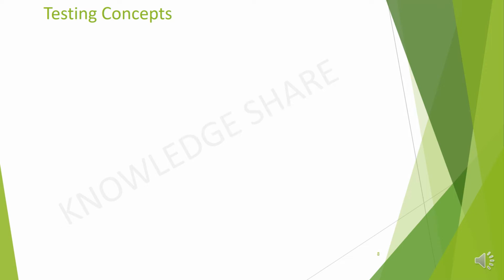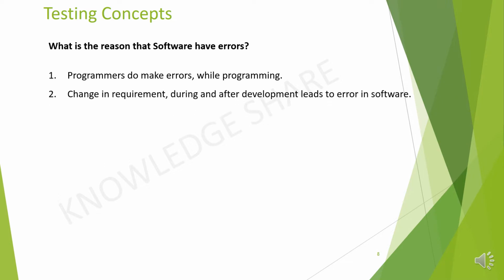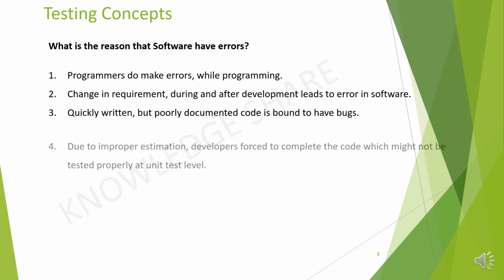Question is the reason for errors in software. Programmers do make errors while programming. Changes in requirement during and after development leads to errors in software. Quickly written but poorly documented code is bound to have bugs.